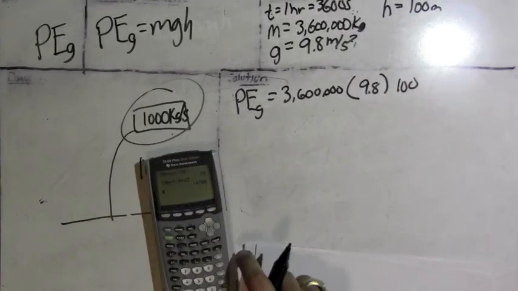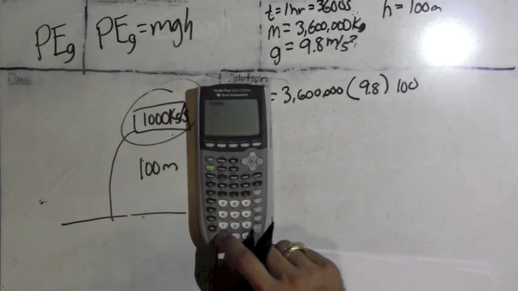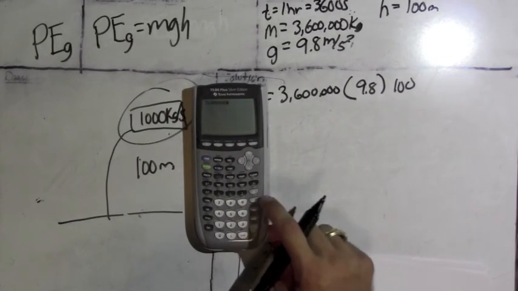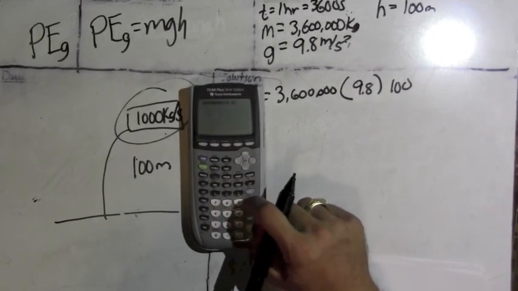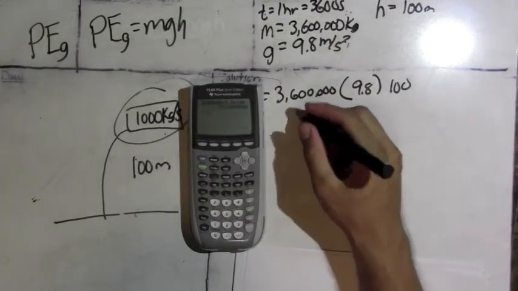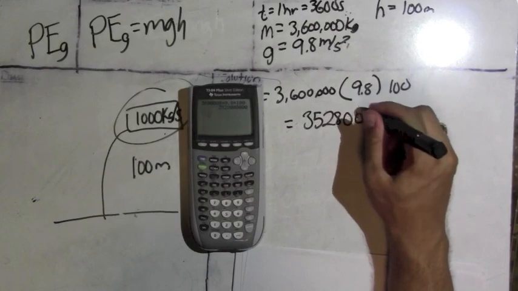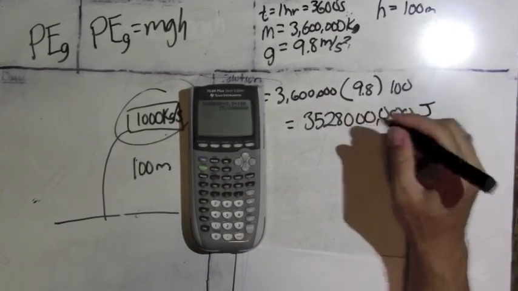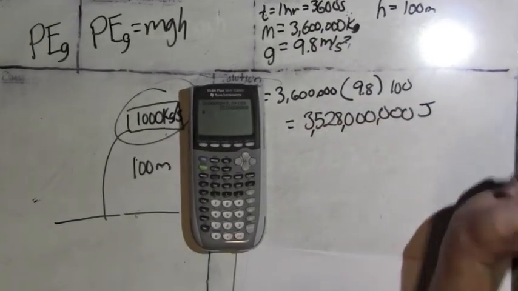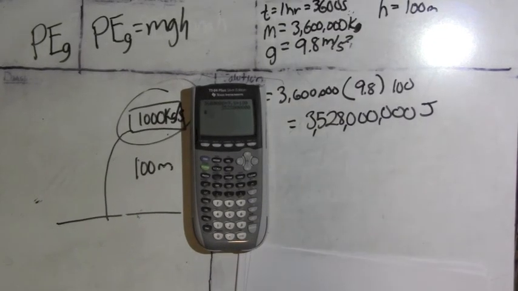When you do this calculation, you get 3,528,000,000 joules of energy, which is quite a bit from this waterfall.